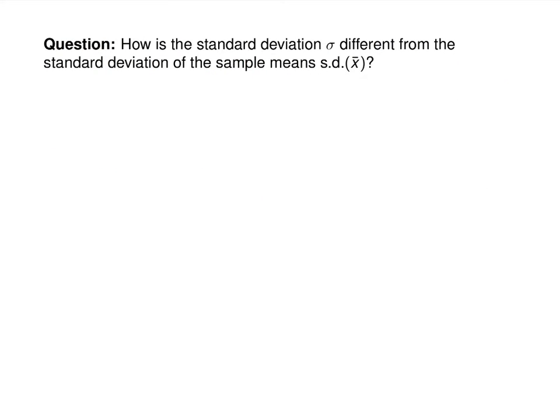So how is the standard deviation sigma different from the standard deviation of the sample mean, the standard deviation of x bar? Let's actually consider a particular example. Suppose our random variable x is the weights of women in the US or something like that.